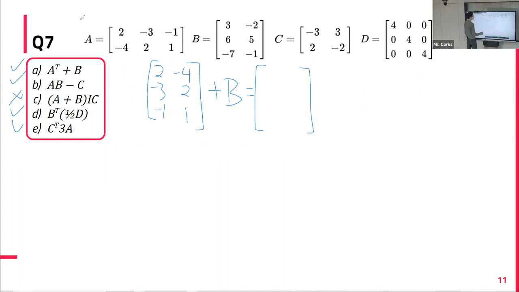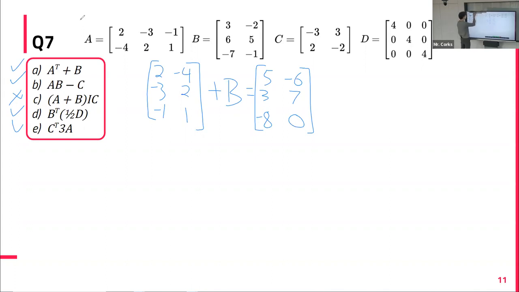So what's our result? -5, -6, 3, 7. Okay, so there we go. There's our result for A transpose plus B.